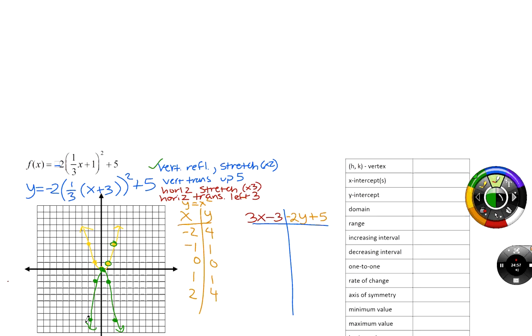No. Negative 3, 5 is the vertex point. It is the final resting vertex point of this graph. It doesn't move from that spot. So if you go to the vertex first, you have to be aware that you've changed things now. And when you reflect and stretch, now you're reflecting and stretching around the vertex point, not the axis, because you moved it off of the axis before you did the other things. Does that make sense to everybody? Okay, so just be careful how we do that.